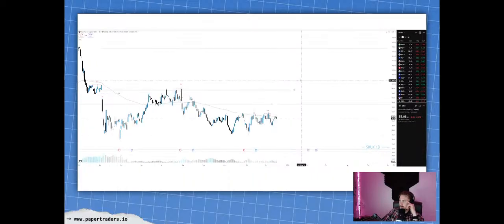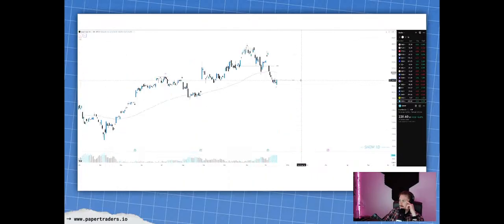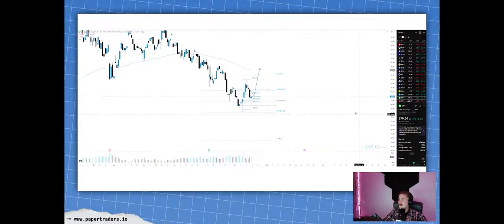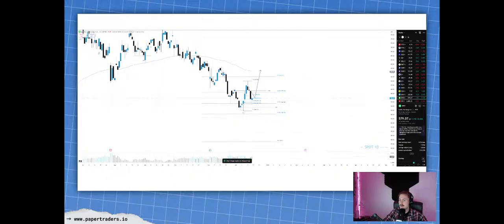So let's see if they're waiting on something here. SPOT, good reversal here, top of that 786 now. SPOT could be decent out of this range.